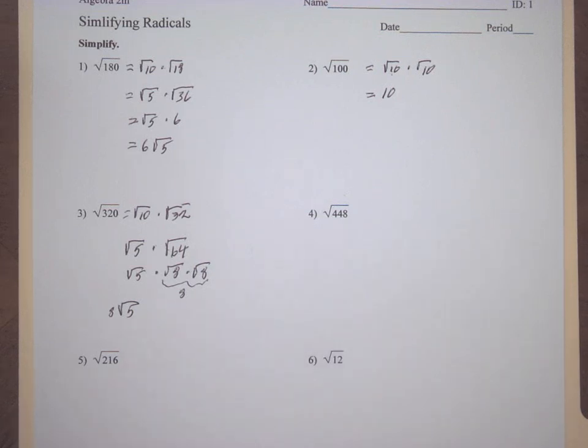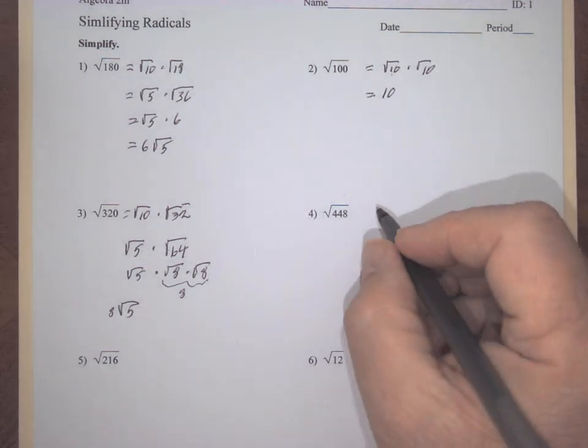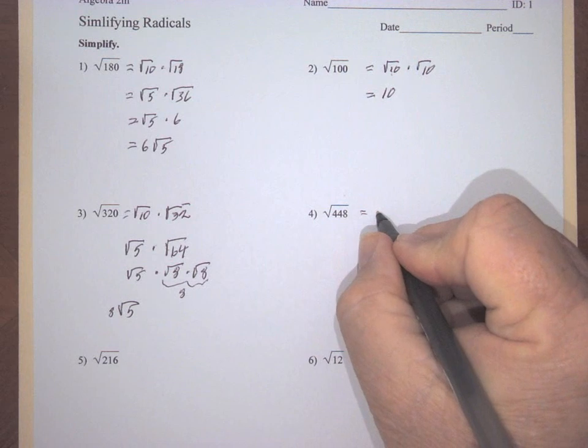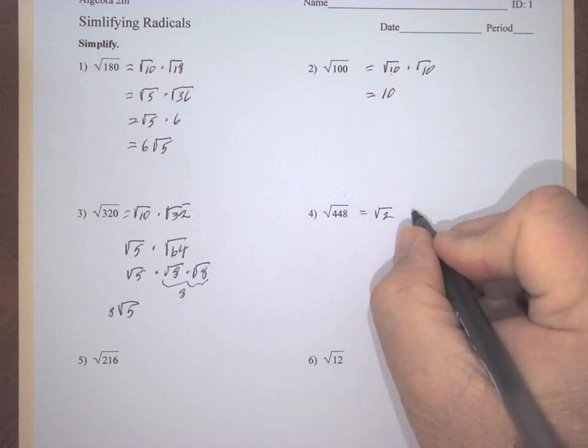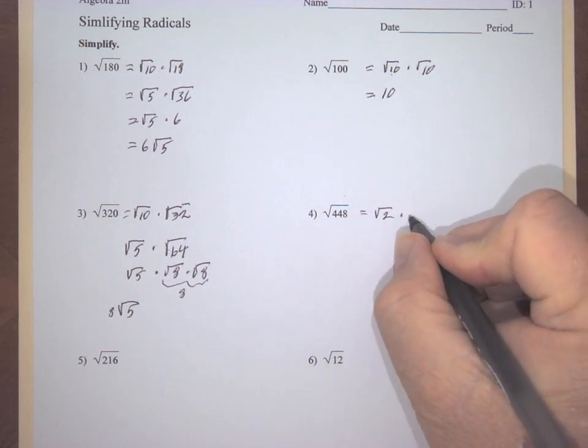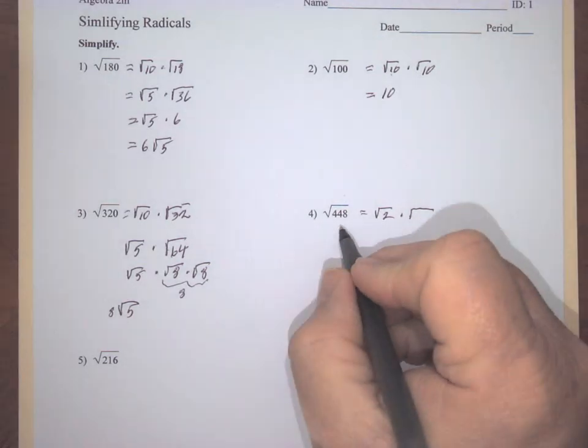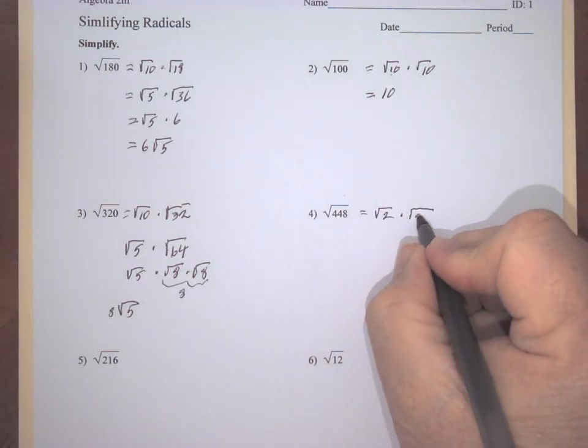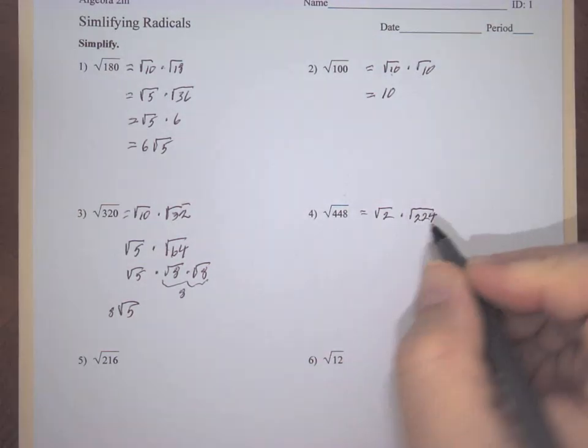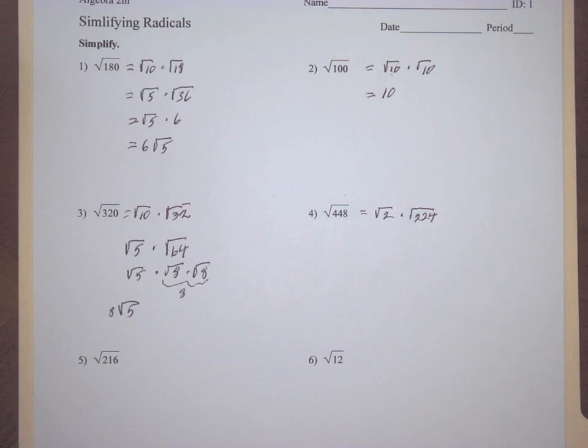The square root of 448. Well, it's not going to be divisible by 10. So let's kind of start from the other end. This is equal to the square root of 2 times the square root of 224. Okay. Well, can't do much with either one of those.